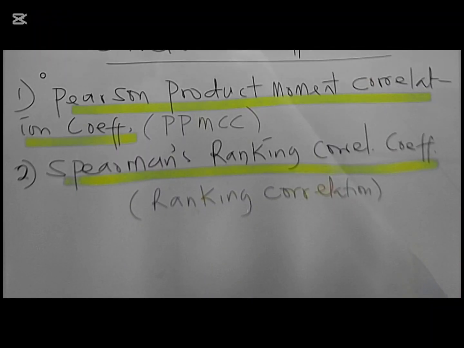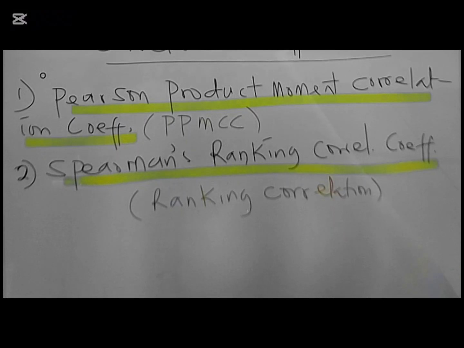For example, they might not tell you to use Pearson or Spearman's ranking correlation. So whenever the method is not specific, it's unknown to us, we always use Pearson's product moment correlation. Please listen to me carefully.